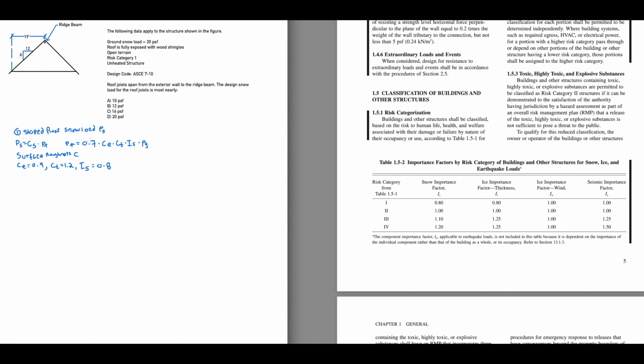Okay, so now we can solve for PF, right? PF is equal to 0.7 times 0.9 times IS, our importance factor, 0.8, times PG, our ground snow load of 20 PSF.